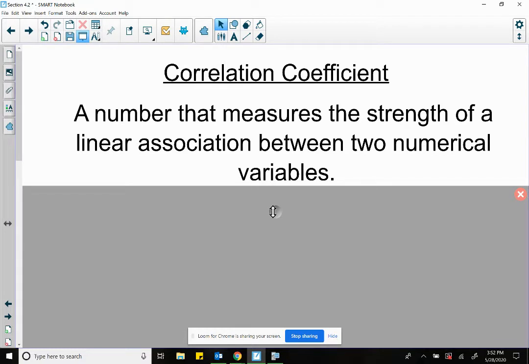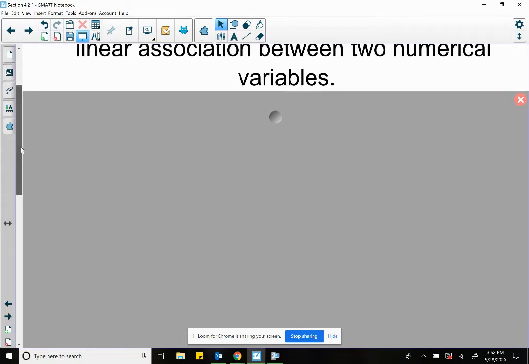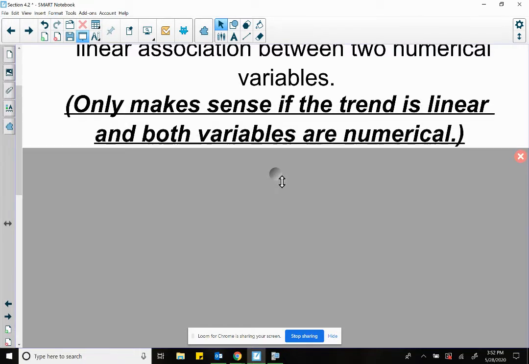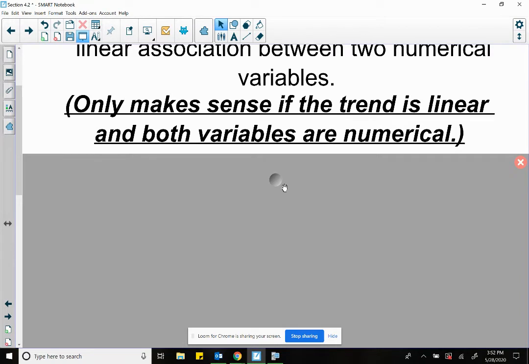We do not talk about a correlation coefficient on nonlinear data. I will stress that a little bit later on, just like our book stresses it. If you read our book, which is really good, it's a good read. So again, it only makes sense if the trend is linear and both variables are numerical.